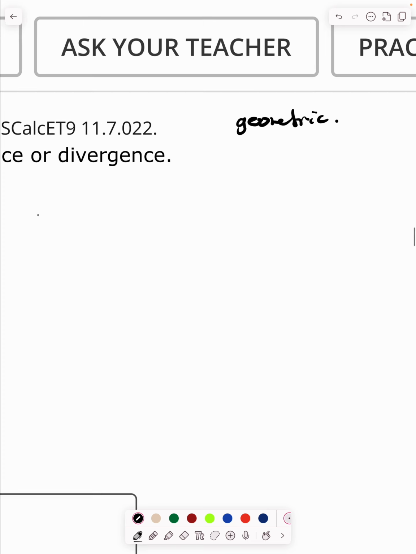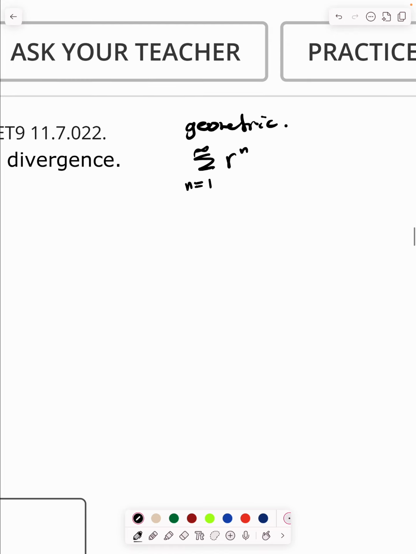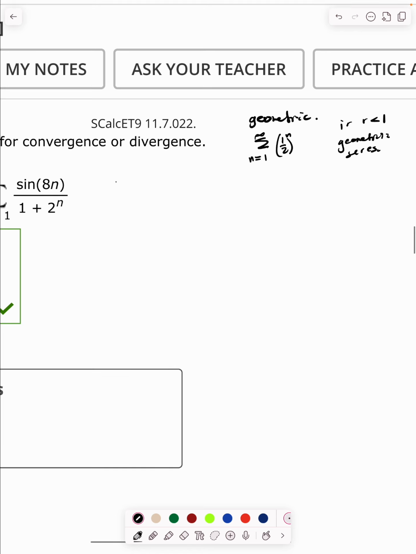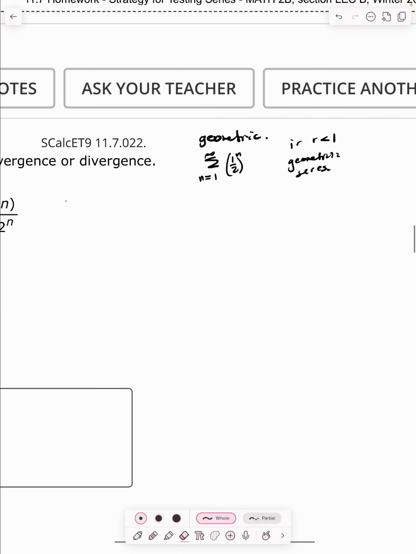It says that if you have the sum from n equals 1 to infinity of r to the n, if r is less than 1, then actually the geometric series converges. And the basic idea is, well, if I have a 1 over 2, I keep on raising it to the power of 3, to the power of 4, keep on adding it, it should get extremely small to the point that it will not add up to infinity, it will just plateau. And so that's what the geometric series is saying.